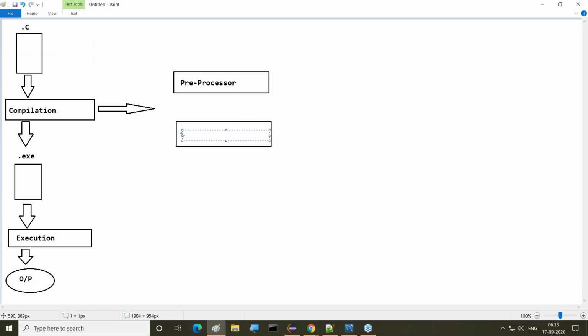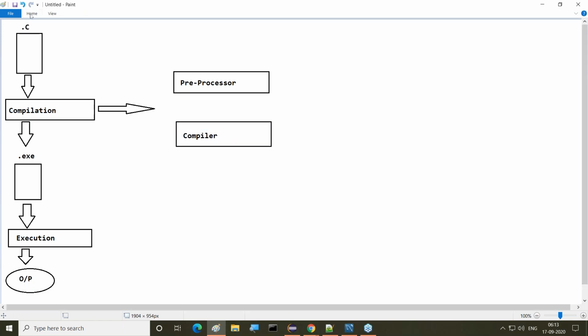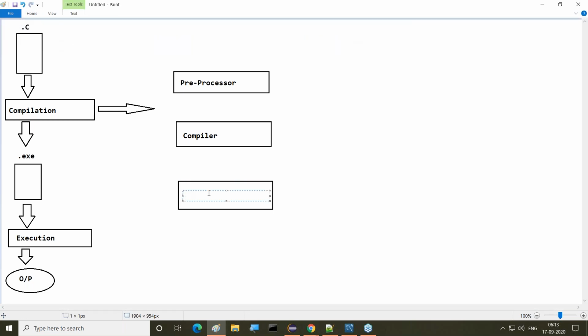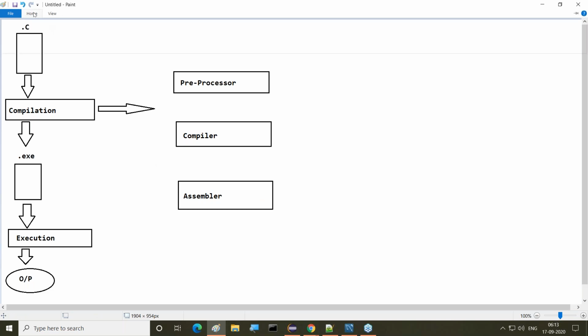Compiler also exists. After this, the next phase would be the assembler.